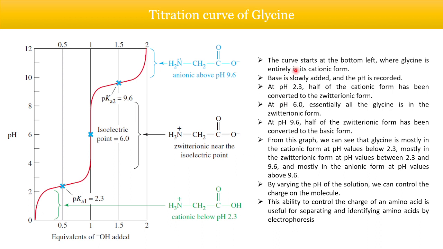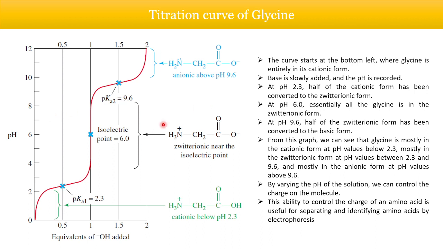Now you see that the curve starts at the bottom left where your glycine is entirely in the positive or the cationic form. Now there can be a question like, at pH 0 what is the charge of the glycine, at pH 2.3 what would be the charge, at pH 6 what would be the charge, at pH 9.6, and at pH 12 or higher.